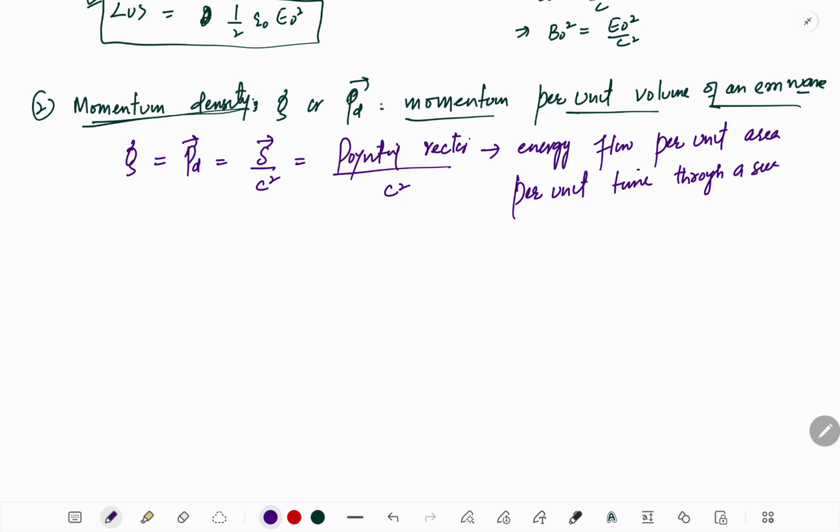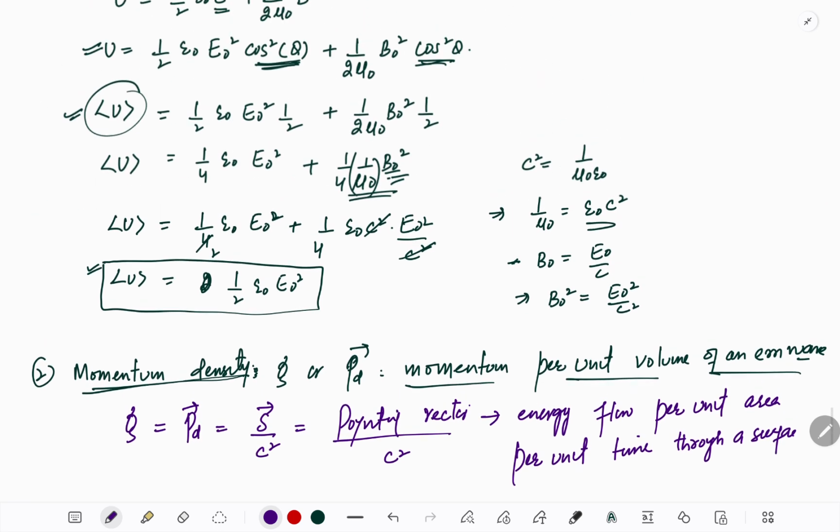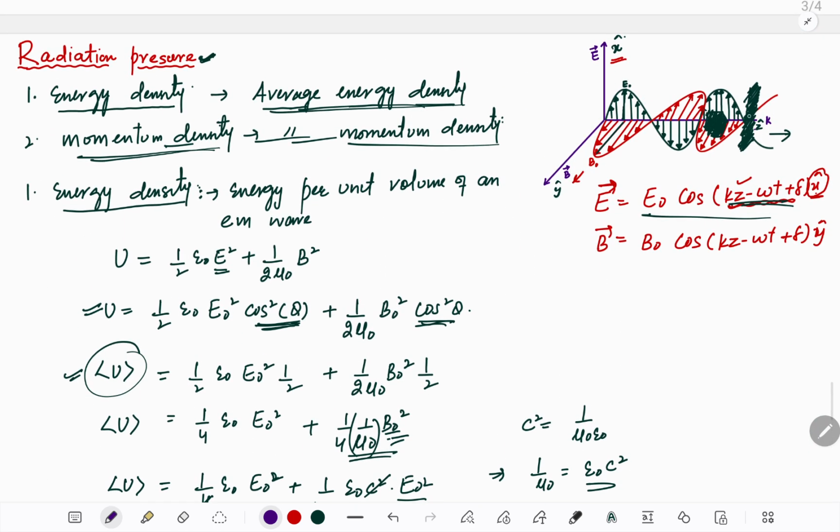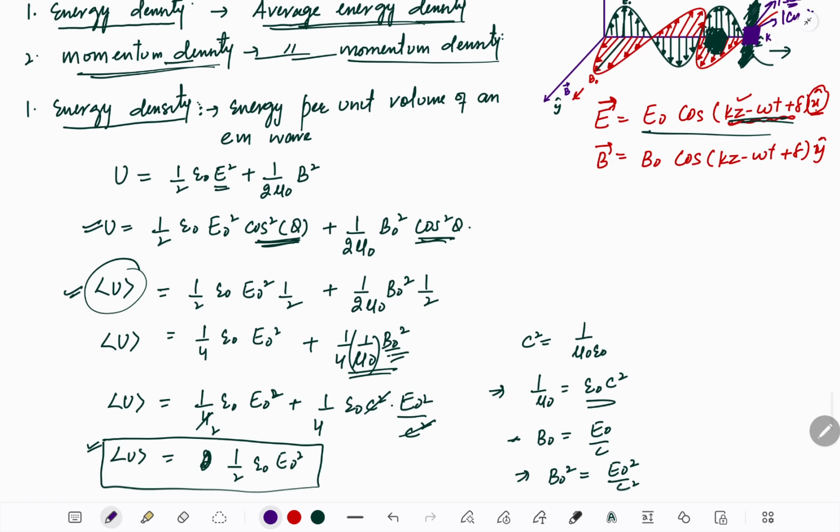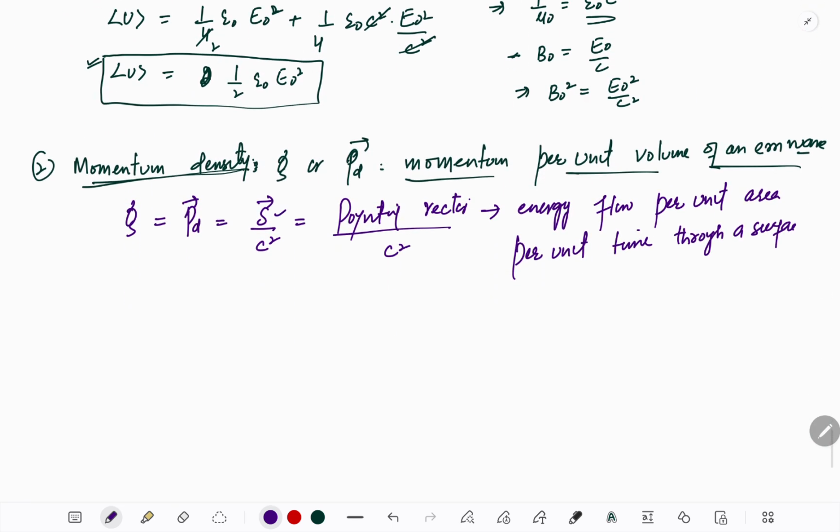If we put some surface here, take a unit area, say 1 centimeter square, and watch it for 1 second, the unit time, how much energy flows through that unit area in the unit time? That gives us the Poynting vector.